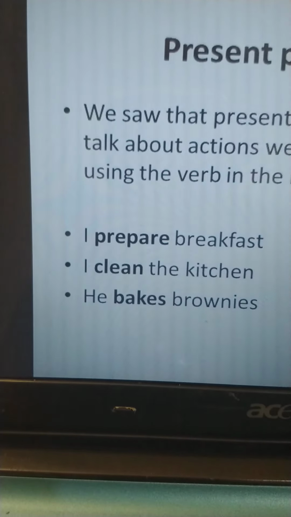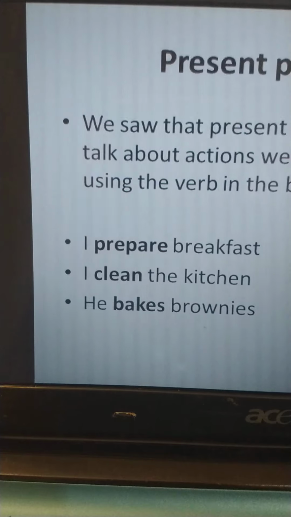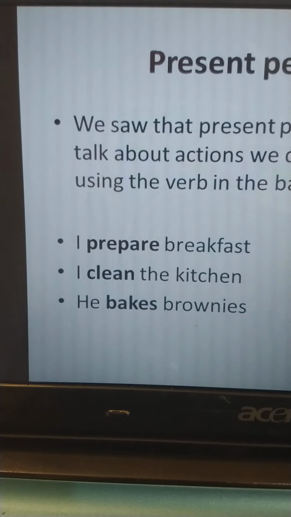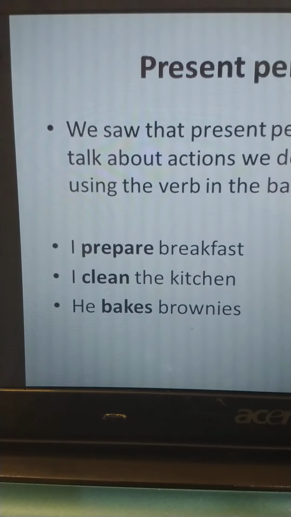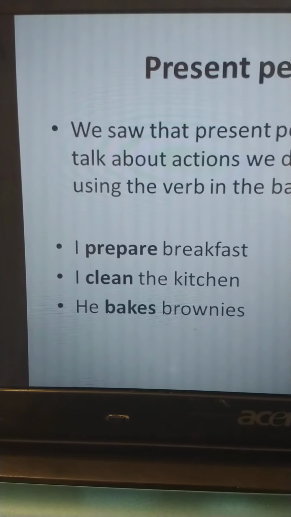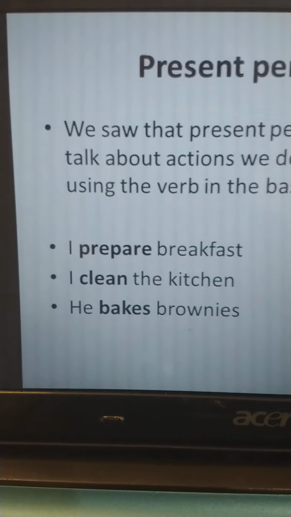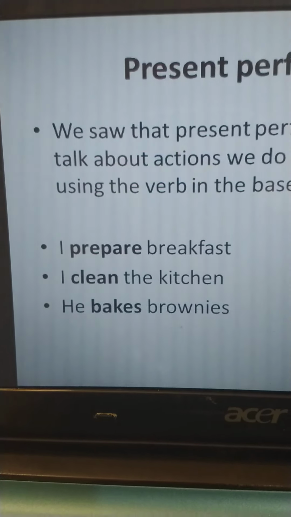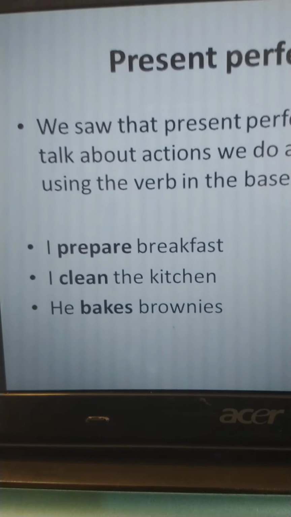I'm not telling you that I prepare breakfast right now, but I do it in my routine. I am the one that prepares breakfast on Sundays or once a week. I'm not giving you the specific time or moment, but I am informing that I do this activity as a routine or a habit.